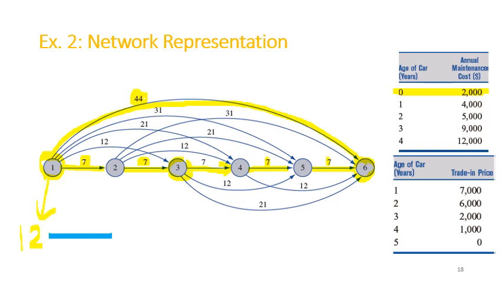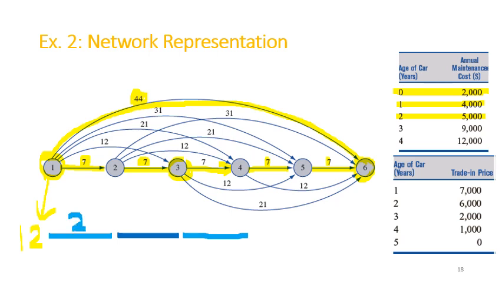And then because I keep using this car, I have another maintenance cost of $4,000, from year 2 to year 3. And then I keep using this car, so the next year I need to pay $5,000 for maintenance. So that is 5,000, and then let me write it down.